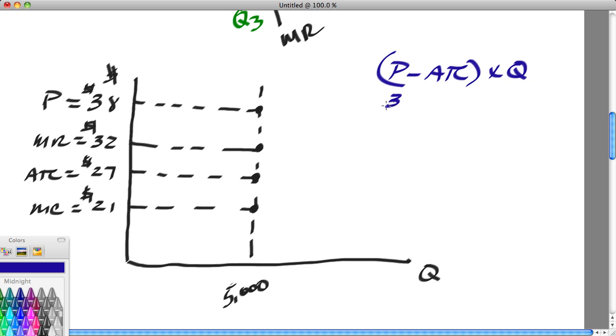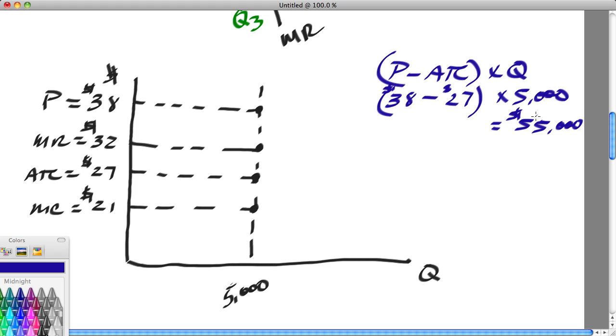So we're selling them on average for 38. They on average cost us 27. So on average we're making a profit of 11 times how many units? 5,000. That equals a total profit of 55,000.